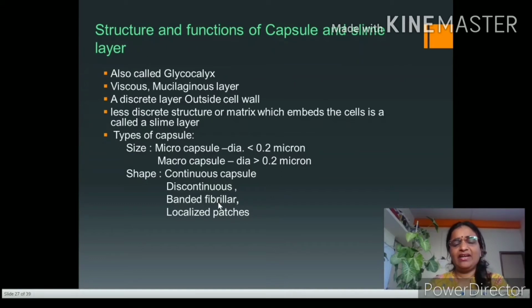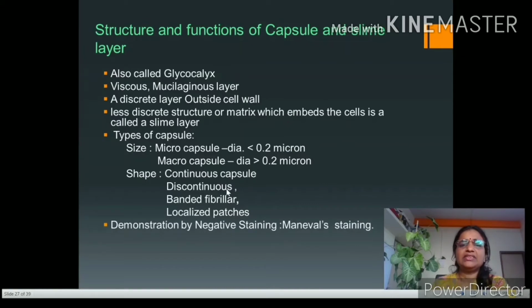Third is the banded fibrillar capsule. It looks like a fibrillar model, that's why it is called banded fibrillar capsule. Next is the localized patches type of capsule. These are observed as patch-like capsules, so it is named localized patches type. So this is in short about the types of capsule depending upon their shape as well as size.